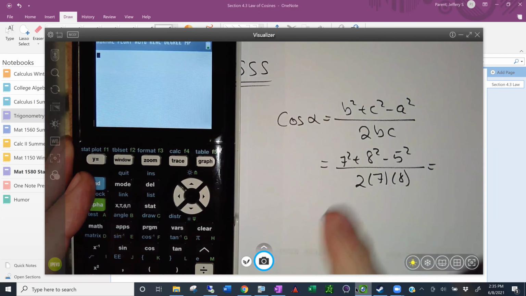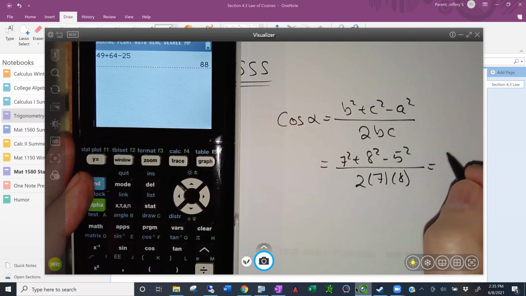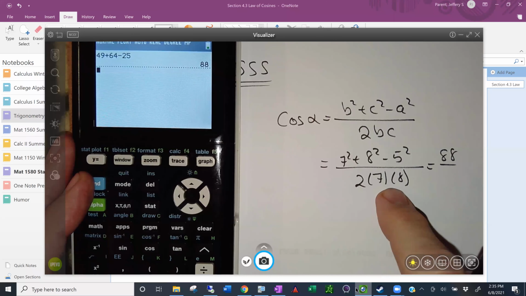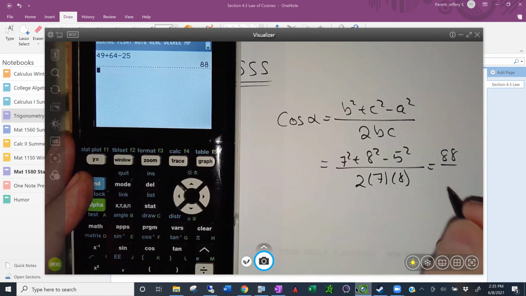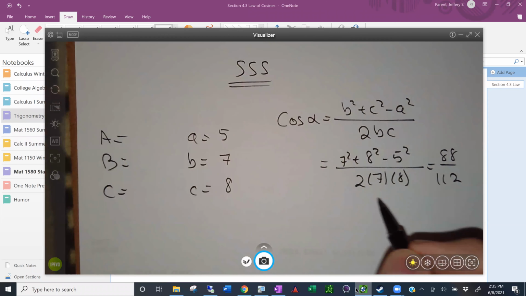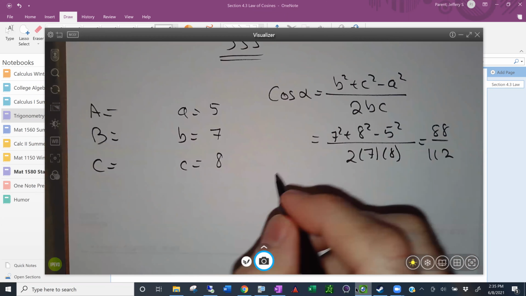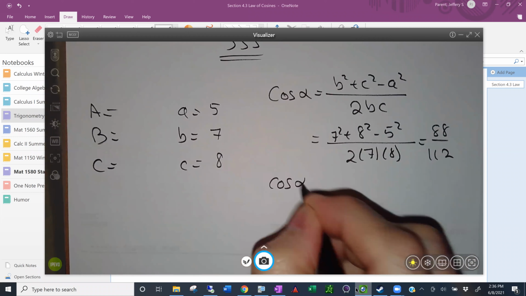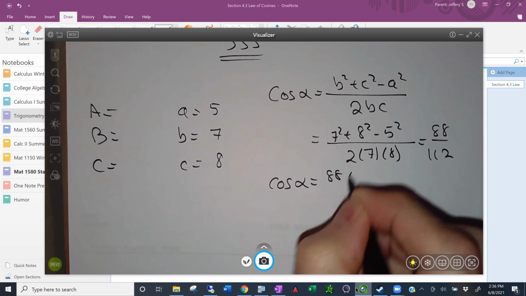So in the numerator, it's going to be 49 plus 64 minus 25. This is going to be 88. And the denominator is going to be 2 times 56, which is going to be 112. And that's your cosine of alpha. Cosine of alpha equals 88 over 112.